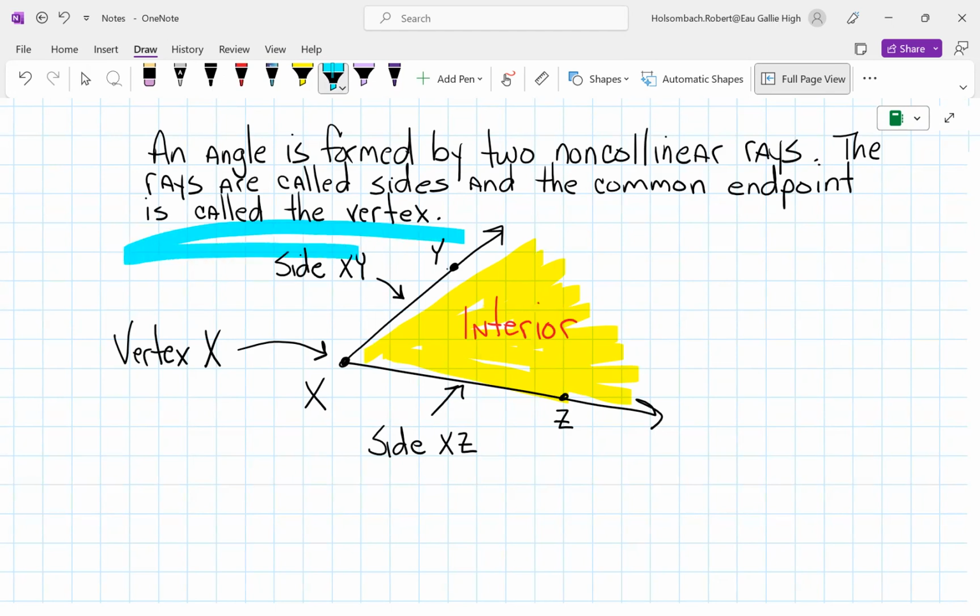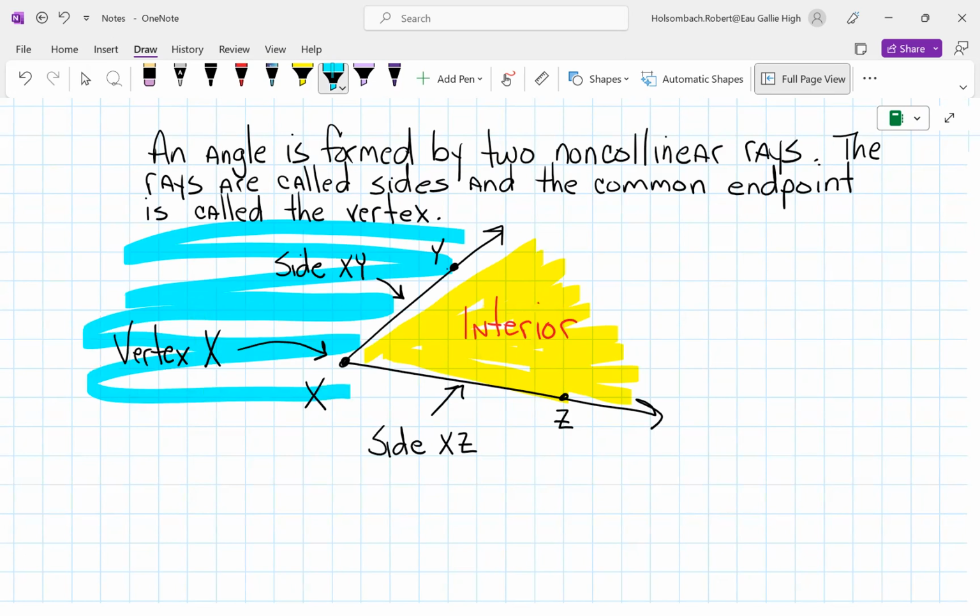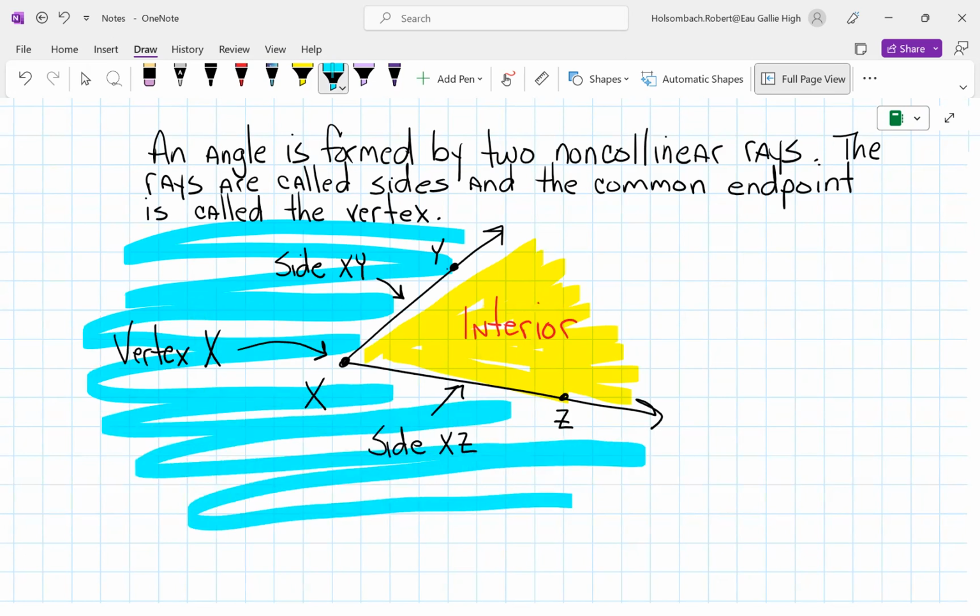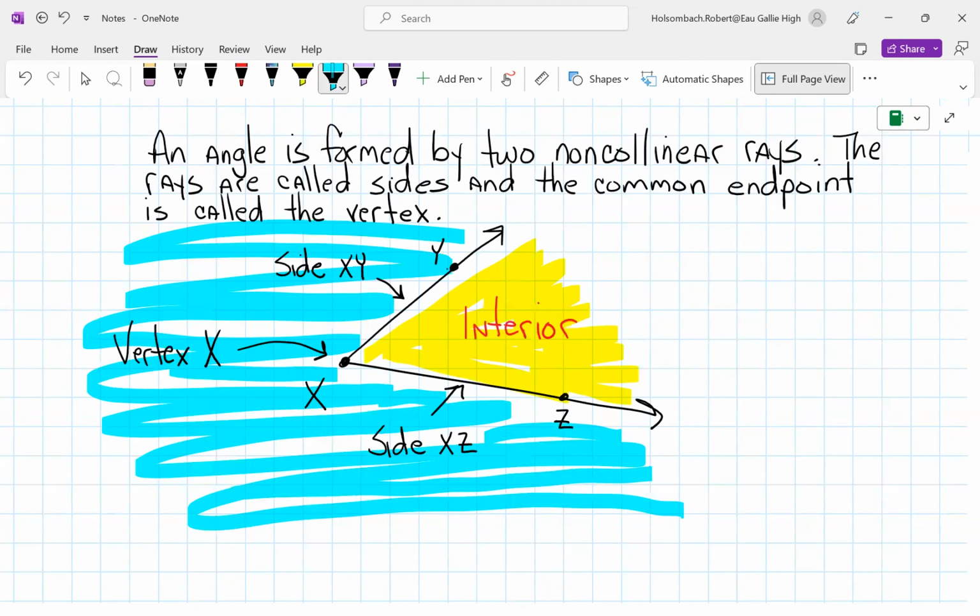And anything in this blue region, that's in the exterior of the angle.